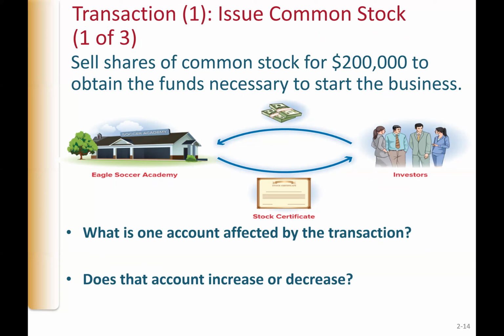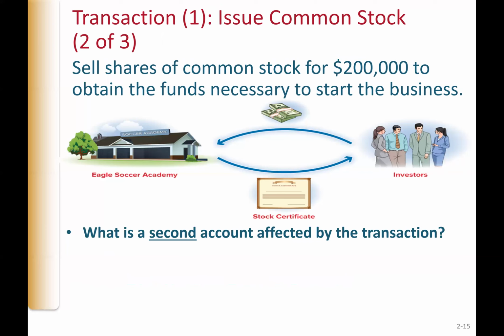So we gave stock, we received money in exchange. So one account we know is affected is cash. Our cash went up $200,000, didn't it? We received $200,000 in cash. So cash was affected and it increased by $200,000.